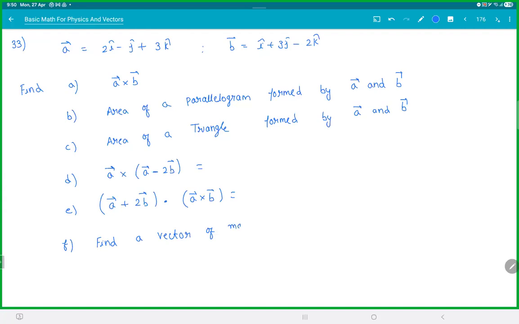Find a vector of magnitude 10 perpendicular to a bar and b bar. There, they should cover most of the models. But the best part, if you got the first part, everything will fall in place. Try. Get the first part.